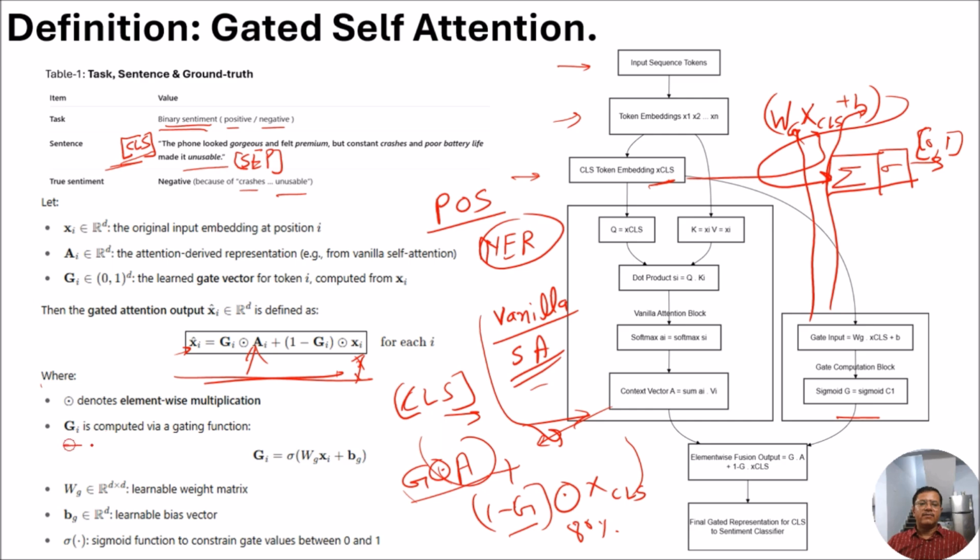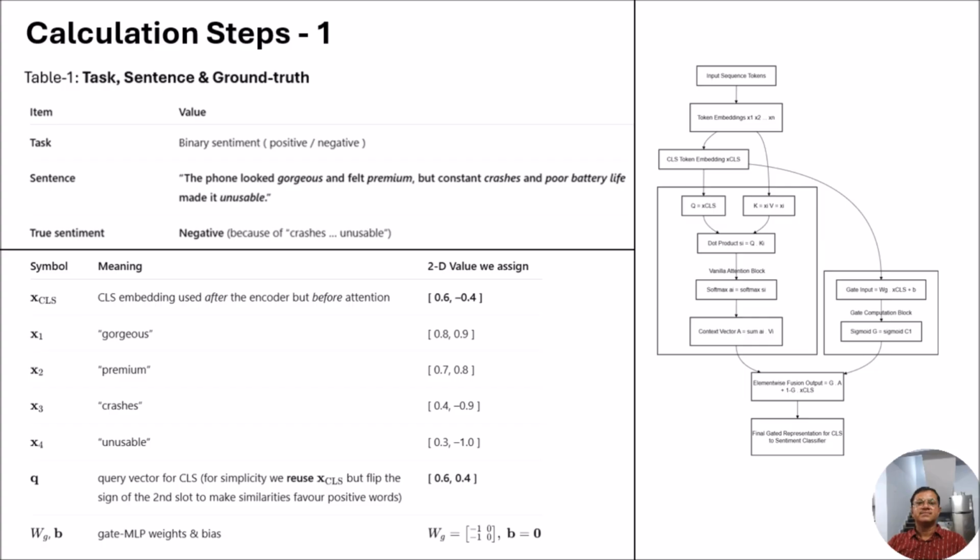And you are already aware of how the gating function, that MLP system, is working here. So this is the process. Now we will go through a very simple example to see how it actually works.